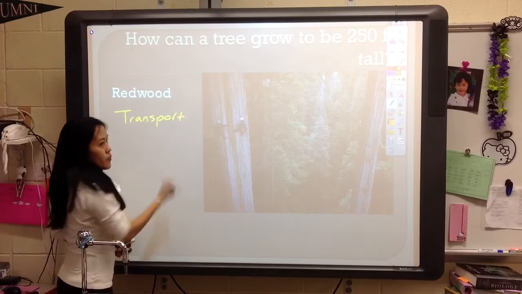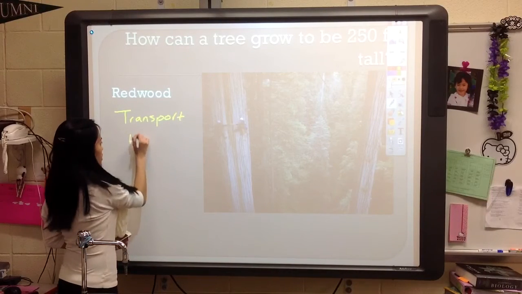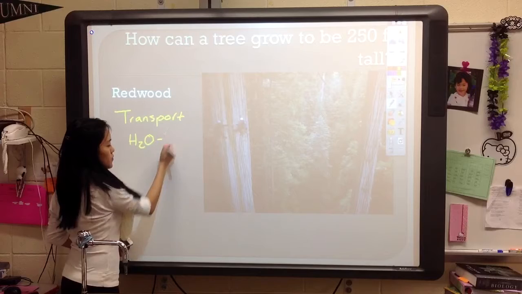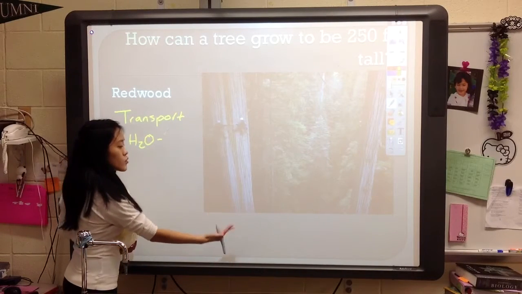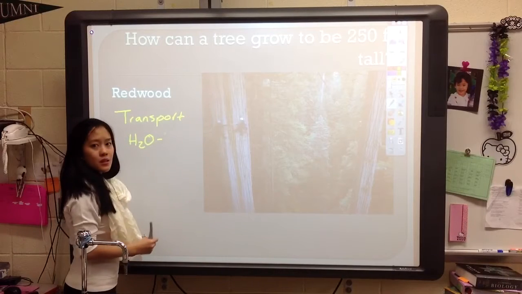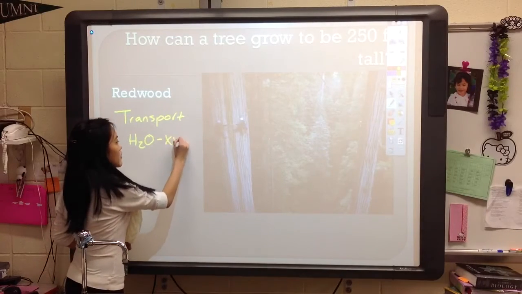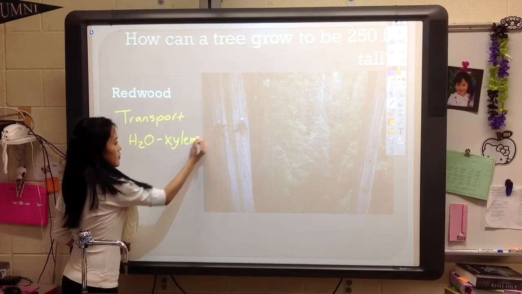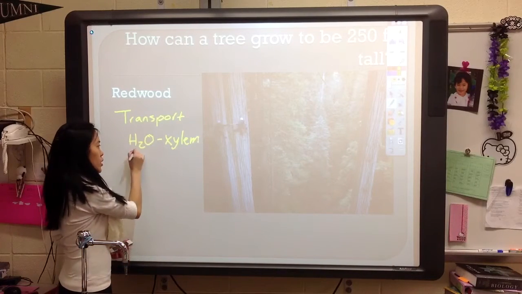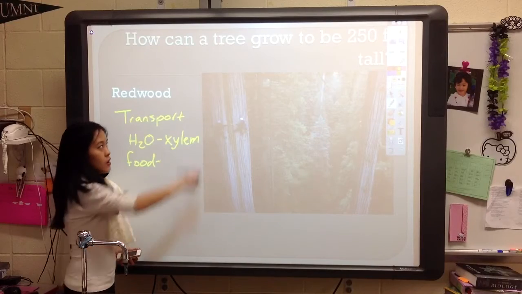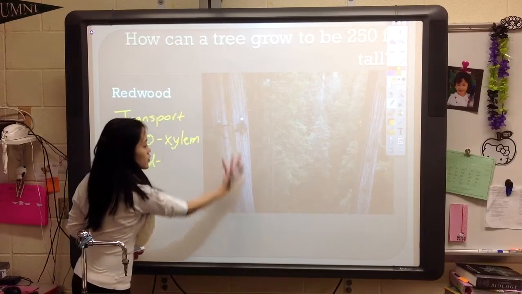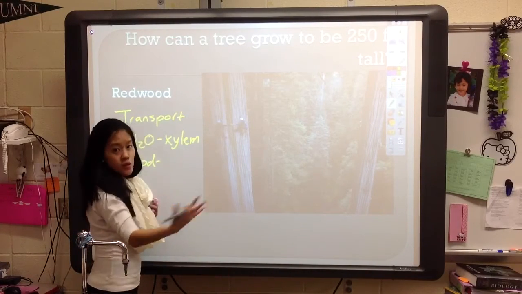And do you guys remember what transports water? H2O. What transports water? Well, moving water from the roots up the plant all the way to the leaves would be the xylem, X-Y-L-E-M. And then moving food from the leaves where photosynthesis occurs, you have to move those nutrients down because the roots also have to grow.